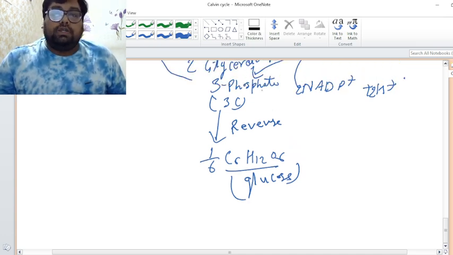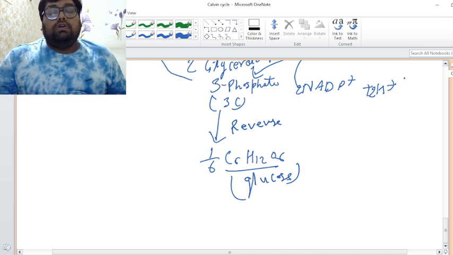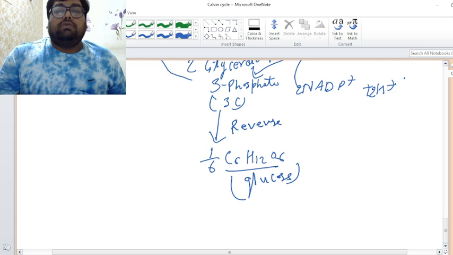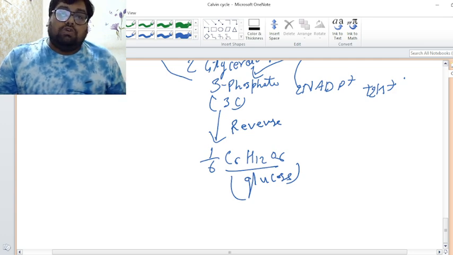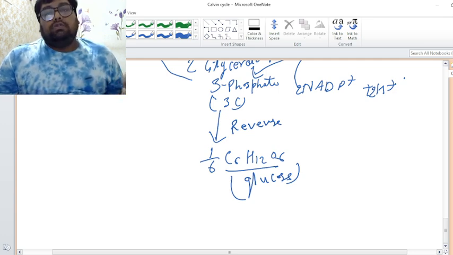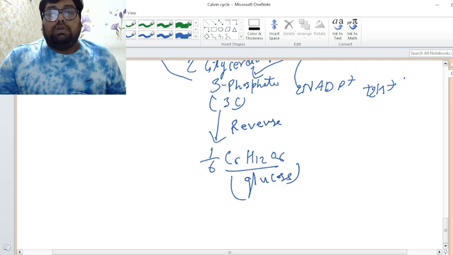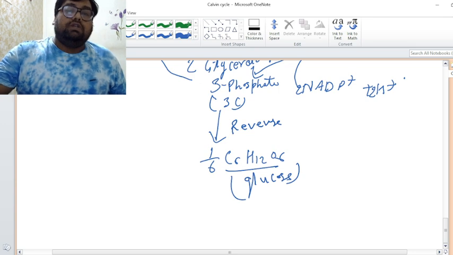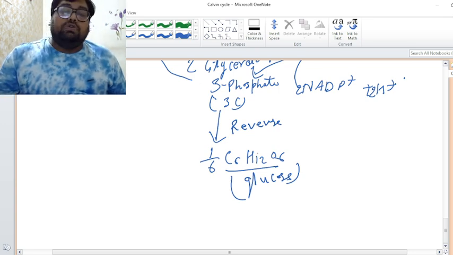Glyceraldehyde 3-phosphate is converted to fructose 1,6-bisphosphate, then fructose 6-phosphate, then glucose 6-phosphate, and then glucose. This is the reverse glycolysis, by which glucose is produced.